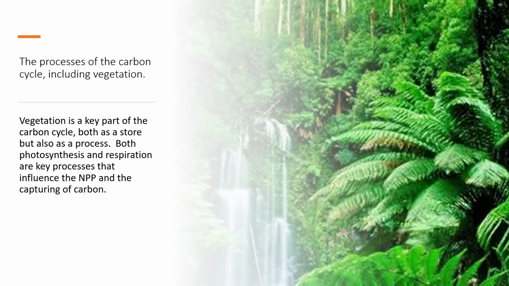The carbon cycle and the processes within it also include vegetation. It's so key to our planet. Without plants, we would really struggle to have any form of life, and certainly the biodiversity that we have. Photosynthesis and respiration is really key.